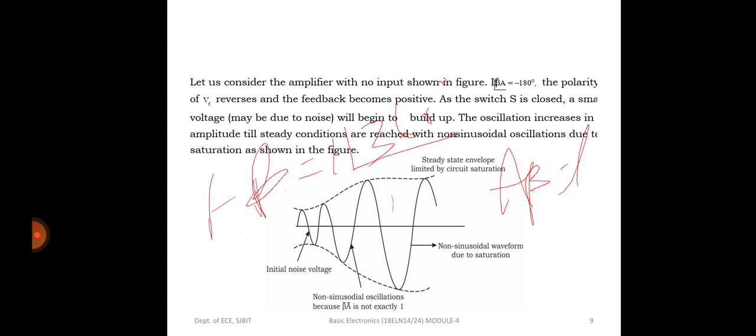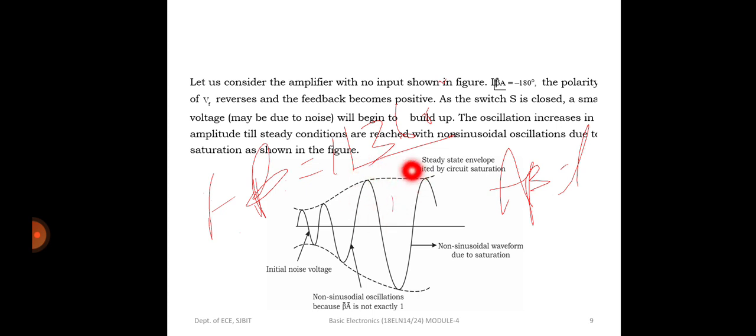Now, the magnitude of the frequency component f naught, which satisfies the Barkhausen criteria, is the waveform that we are going to expect. The amplitude of frequency component f naught is much larger than all the rest, and the amplitude is limited by the circuit's own non-linearities.